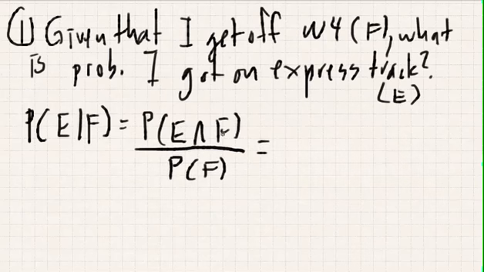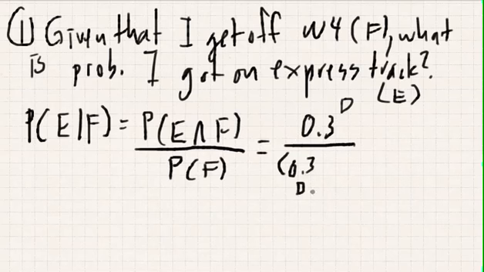Now, E intersect F, that's the express track that gets off at West 4th, that's only the D. And the probability I got on the D is 0.3. What's the probability I got off at West 4th Street? Well, I could have taken the D, which is 0.3, or I could have taken the B, which is 0.2.